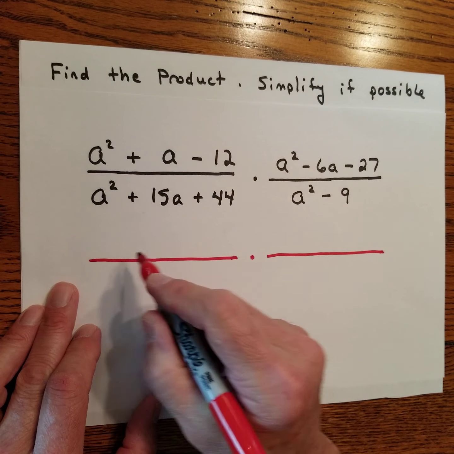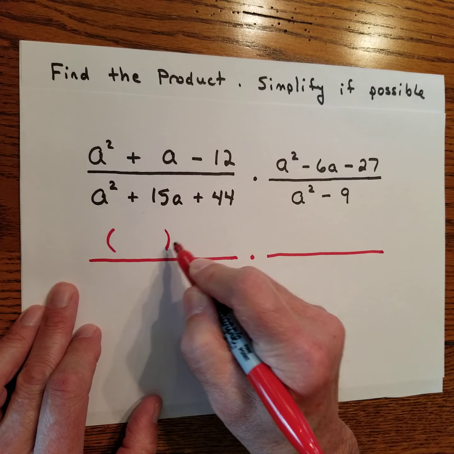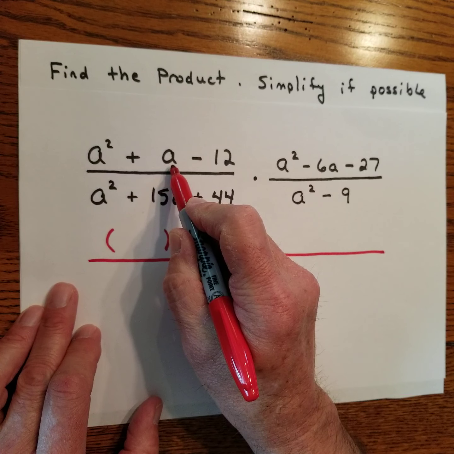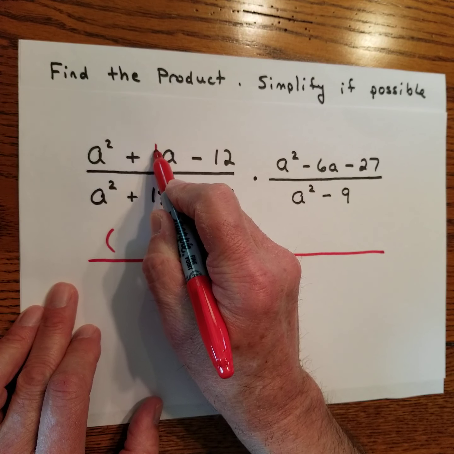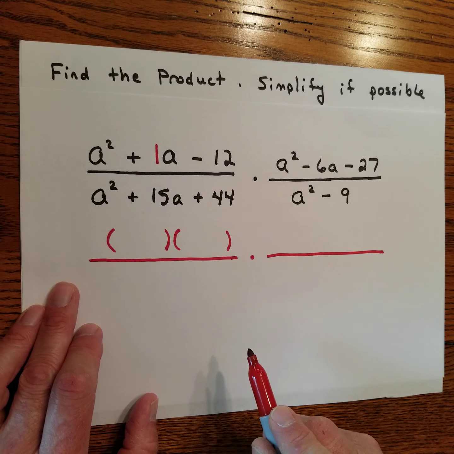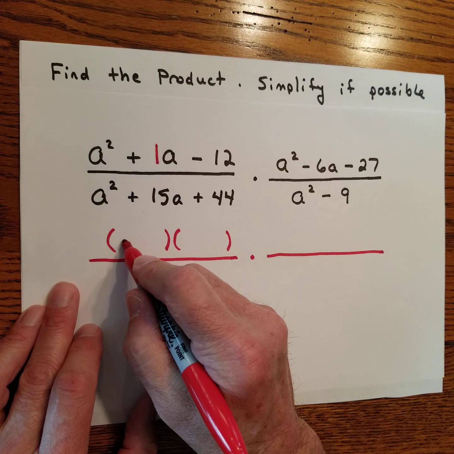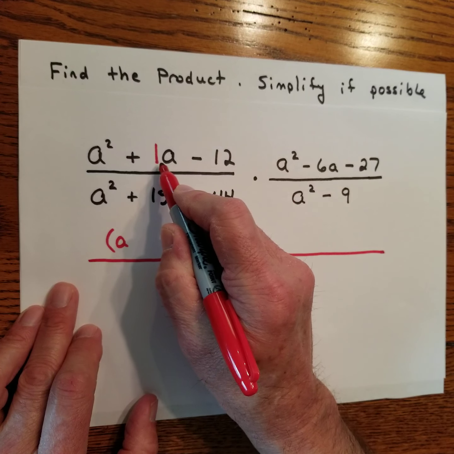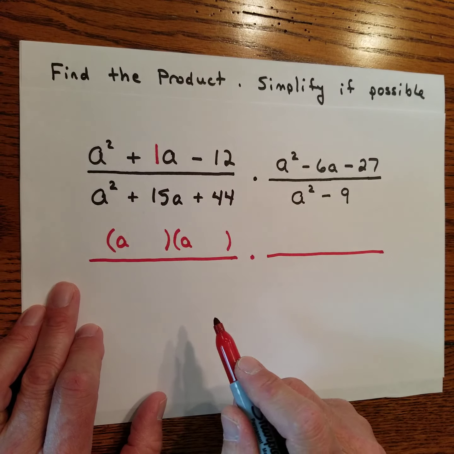Let's start up here. Now I notice that this a does not have a number in front of it. I'm going to put a 1 there. Now I need two numbers that multiply to 12 and add or subtract to 1.